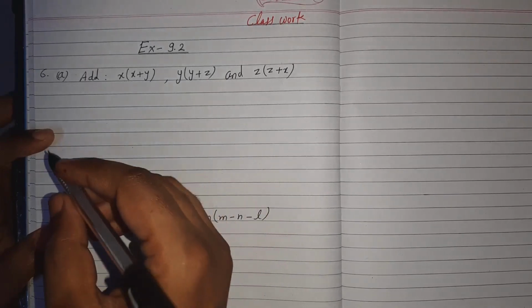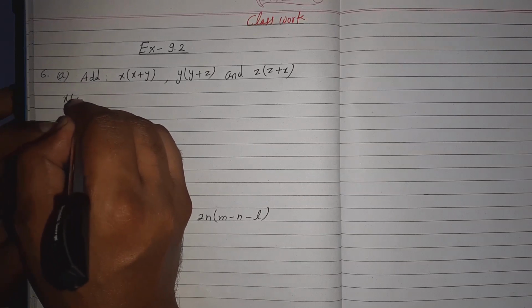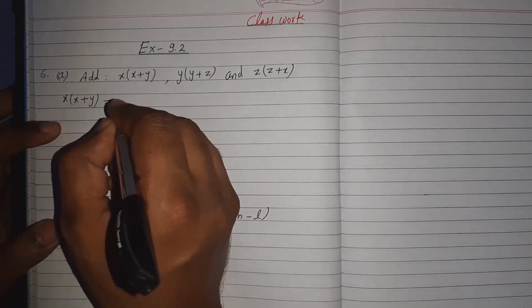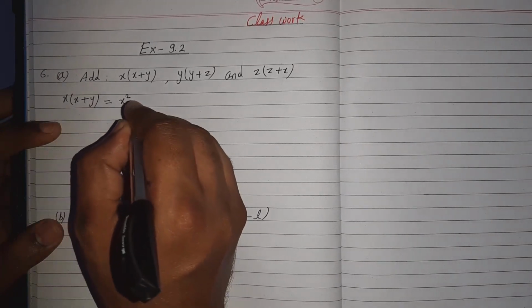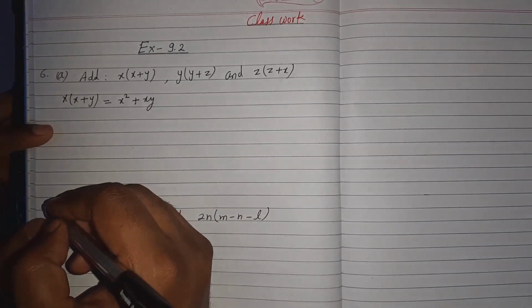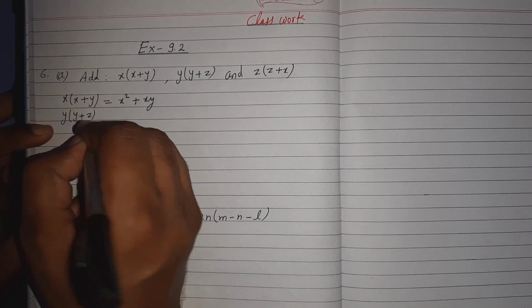So first we will simplify the first polynomial, x(x + y). x multiplied by x is x square, plus x multiplied by y, xy. The second polynomial is y(y + z).